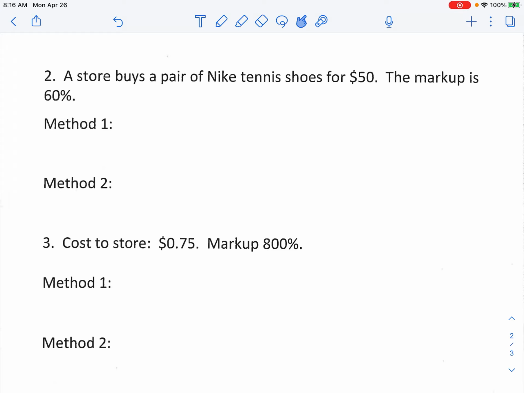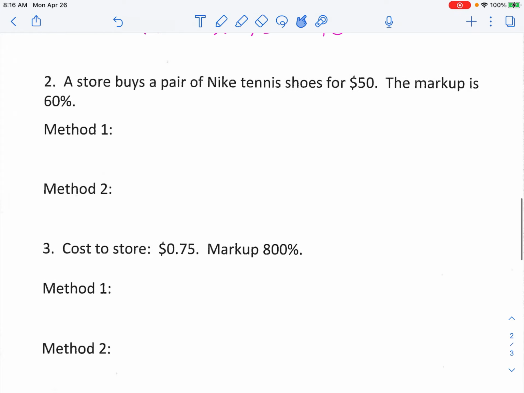A store buys a pair of Nike tennis shoes for $50. Oops, sorry. The markup is 60%. So first we're going to find the markup and add it to the cost. So the store is going to mark up the shoes 60% of what they paid, $50.